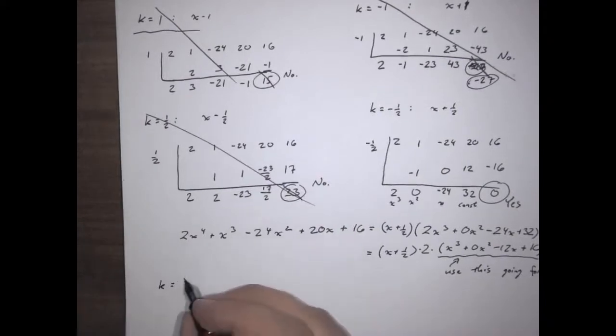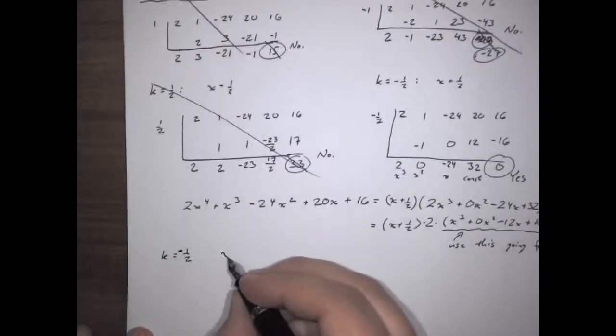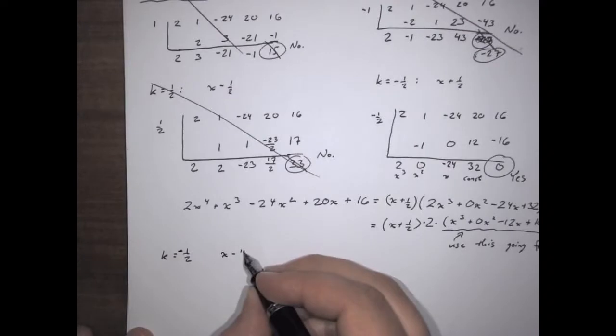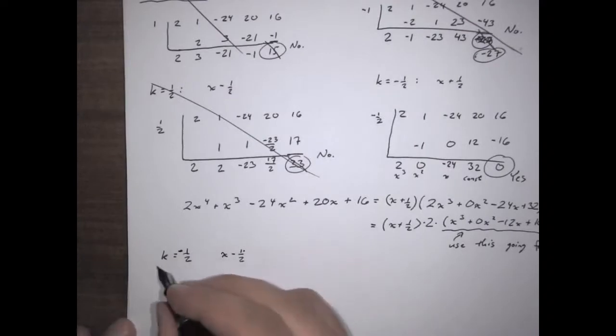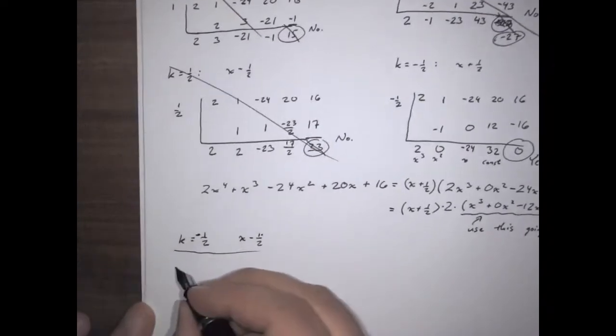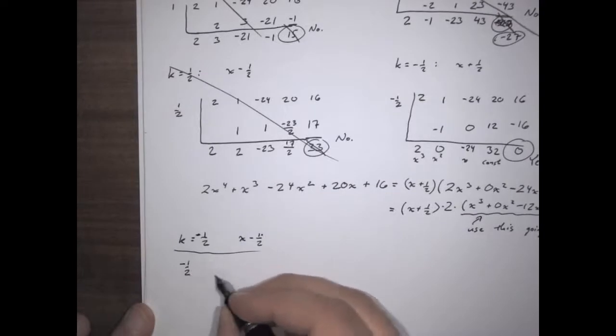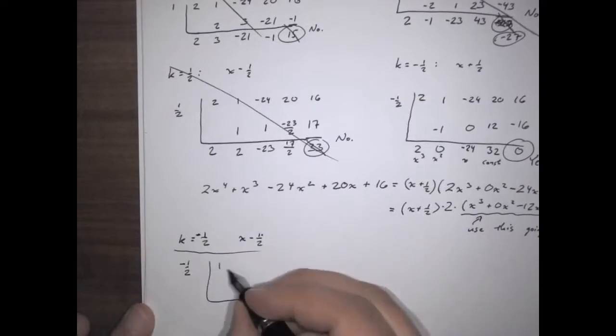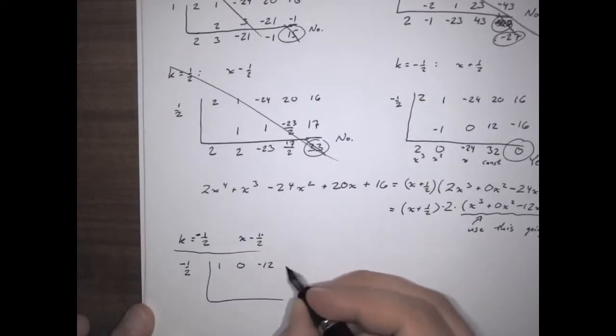So we'll actually do the k equals negative 1/2 again because it might have higher multiplicity. So that's an x minus 1/2. This is to check if it has higher multiplicity than just 1. So negative 1/2, and now it's going to be 1, 0, negative 12, 16.